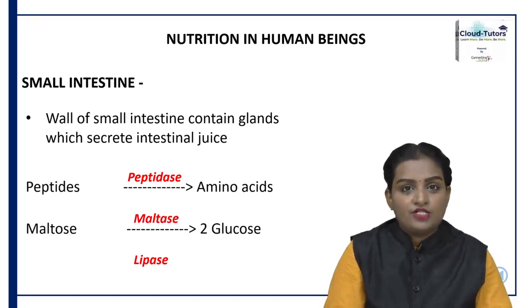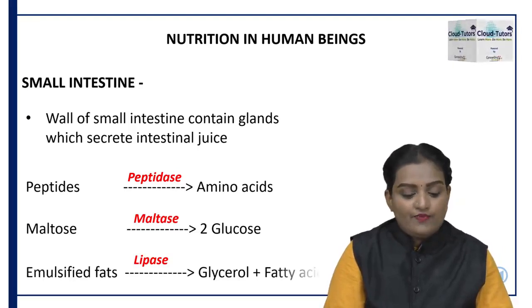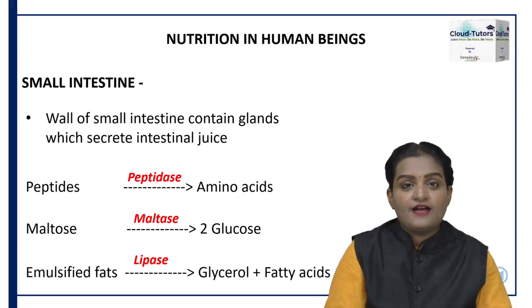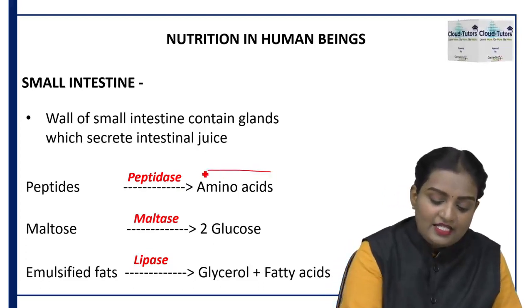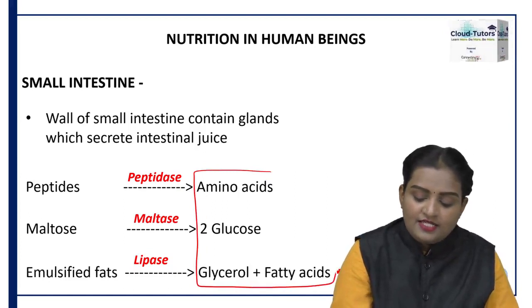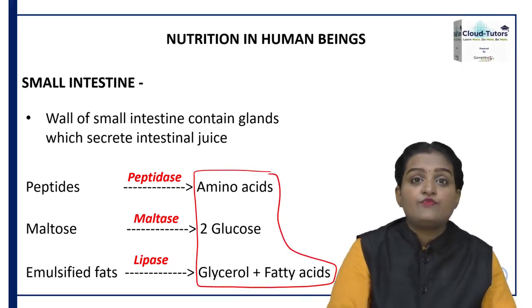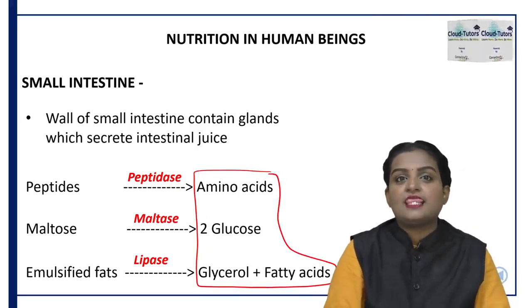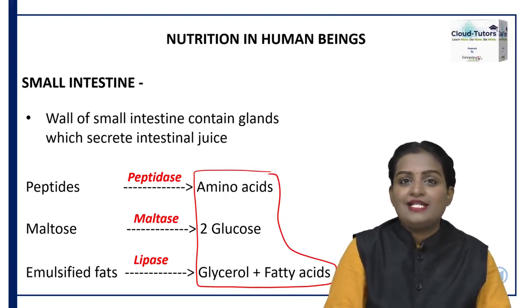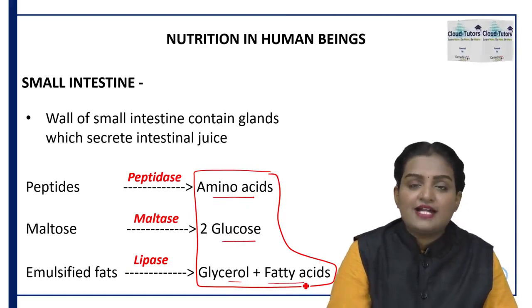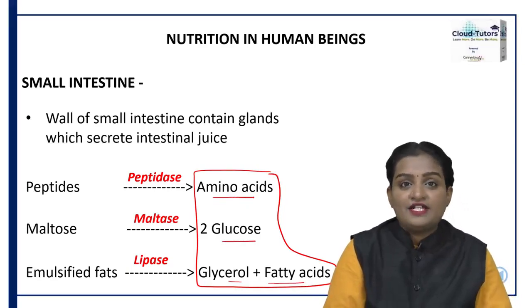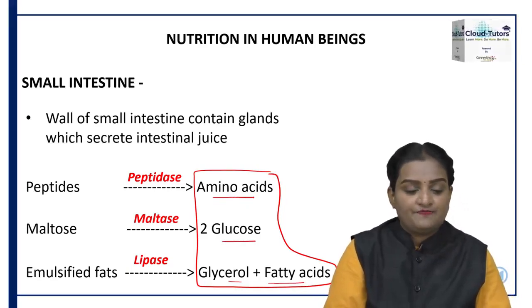Maltase breaks maltose into glucose. Lipase will break down emulsified fats into glycerol and fatty acids. So after the complete digestion, these are the absorbable forms that we see in the lumen of the small intestine. Now these amino acids, glucose, glycerol and fatty acids are the final products of our digestion.